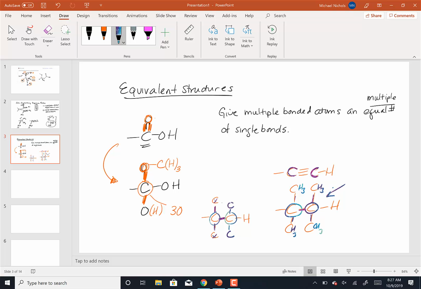Because my perspective with this one is, when I did the CO double bond here, this was my first CO bond, and then that was my second CO bond. This already exists, and that's not in play.